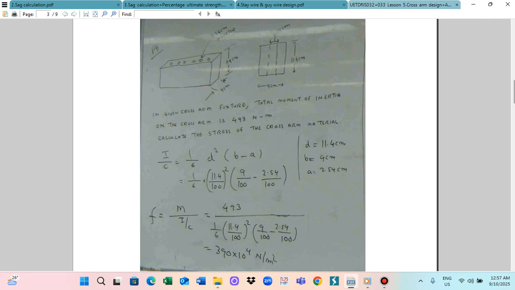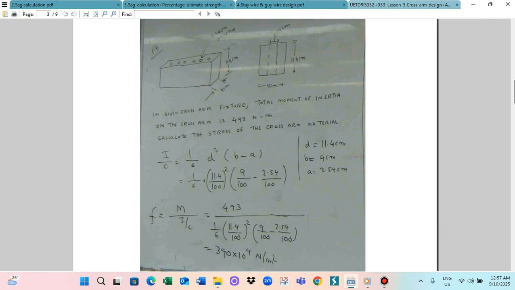But a cross arm is never solid because we have to make a hole to install the insulator pin. So when you install the insulator pin here, this is the cross arm. So we install the insulator pin. So this is the insulator.